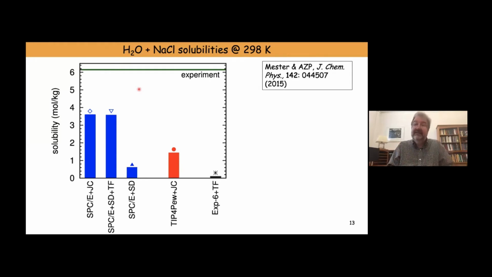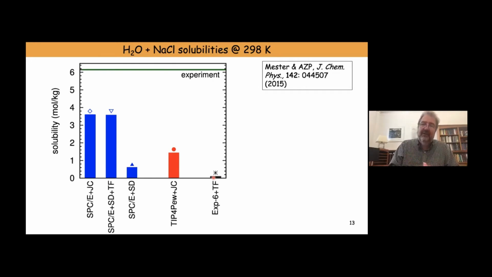And that's a serious issue that has been seen in many biological simulations, that the association between ions seems to be stronger. And this is because the models used have a solubility that is much lower than the experimental solubility. My bad water model has a terrible solubility of a factor of 50 or so lower than the experiments.